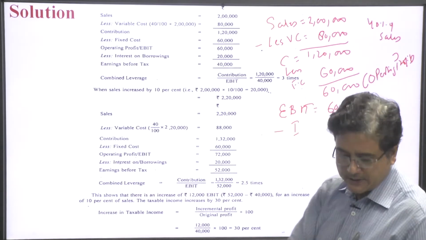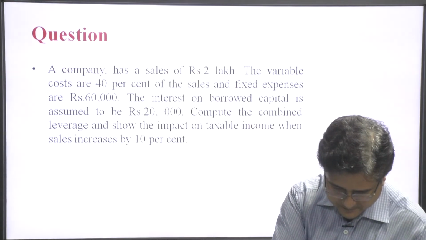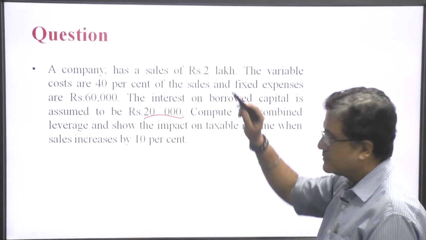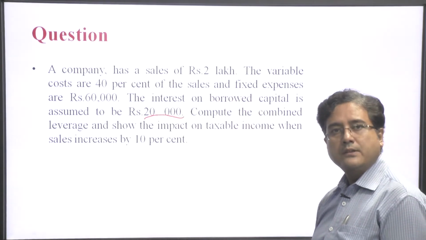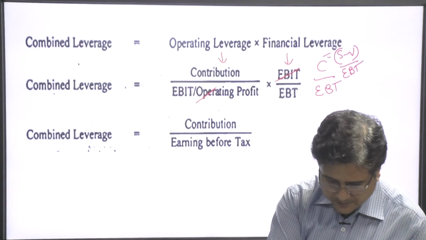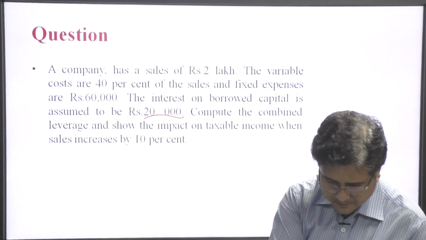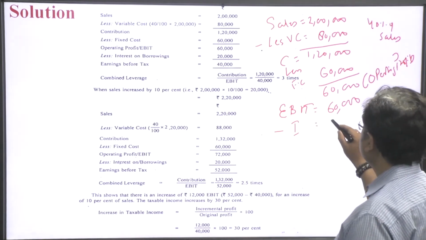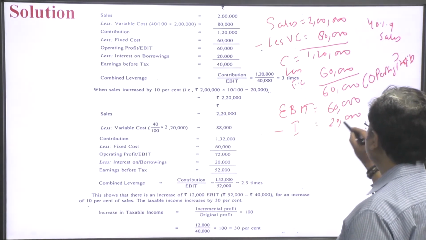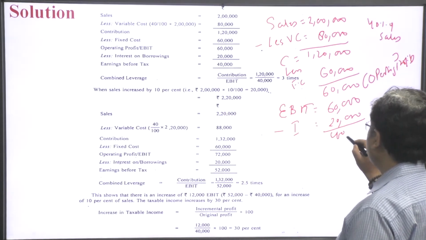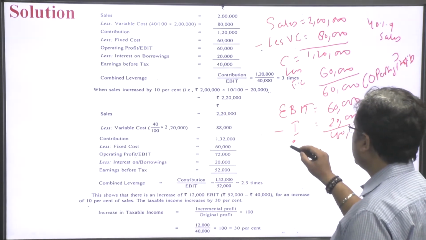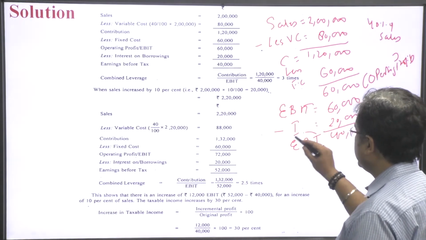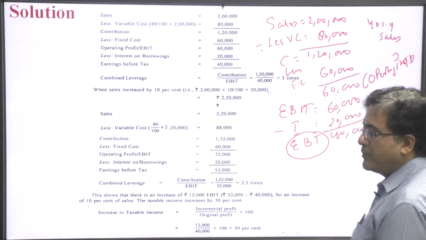As per the question, the interest was 20,000. We subtract interest from here and we receive 40,000. This is earning before tax and after interest, so EBT.